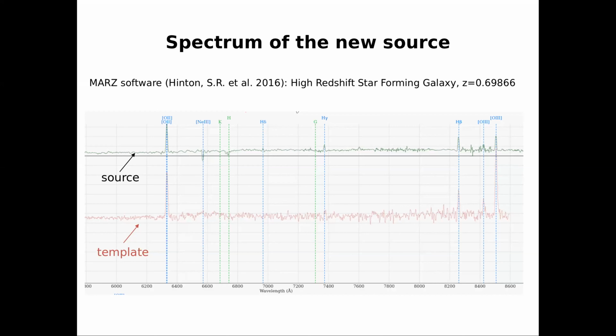This is a very useful tool as a first guess to identify the nature of the source and to get the redshift. I get the best match for this spectrum is that it might be a high redshifted star forming galaxy at a redshift of around 0.7.